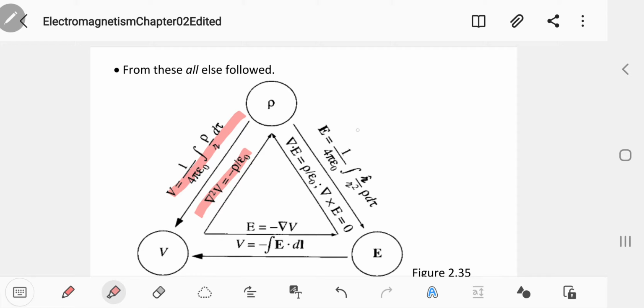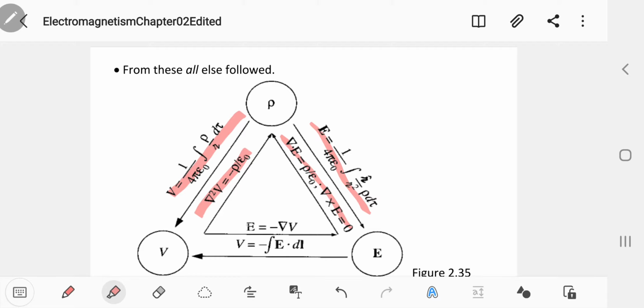And then you also have an electric field here, and the differential form is here. The integral expression of the electric field has two equivalent differential forms. This is just the Gauss law, and of course the curl of the electric field is always zero.